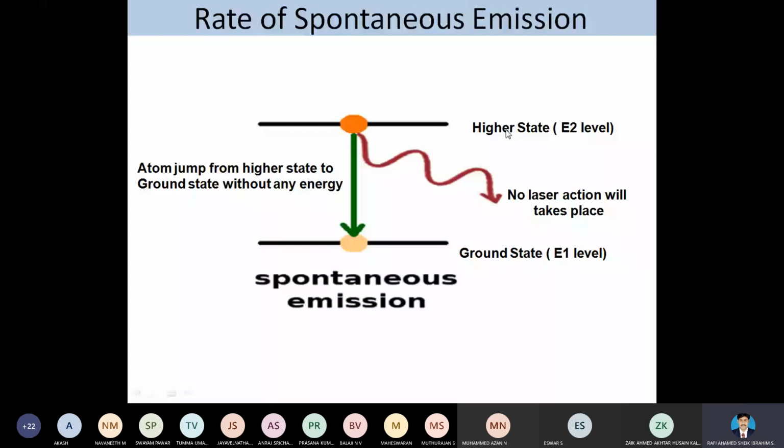When it jumps to the ground level, no laser action takes place, because the atom jumps without any additional energy. When the atom jumps from its higher state to the ground state without additional energy, the emission is called spontaneous emission. Under spontaneous emission, no laser action takes place.